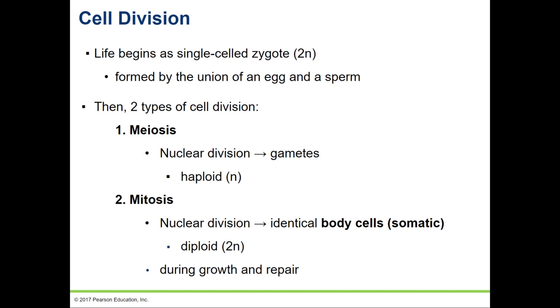They are going to differentiate into different tissues like your skin, your muscles, your bone, but they're all going to have the same genetic information. We call all of these cells somatic cells. These have a diploid number, so they have 46 chromosomes. And this process is used for original growth and also repair of tissues.